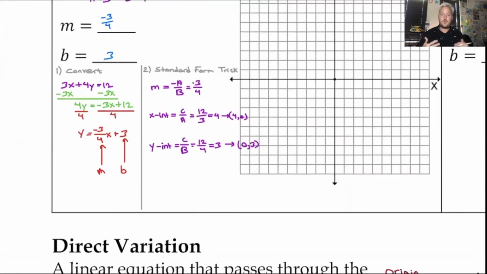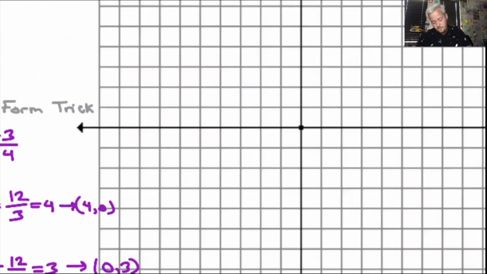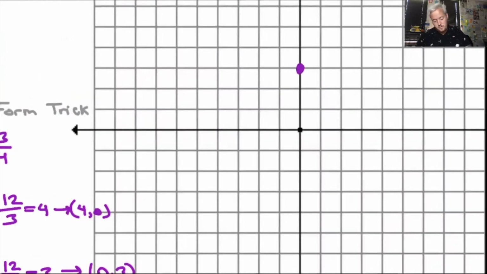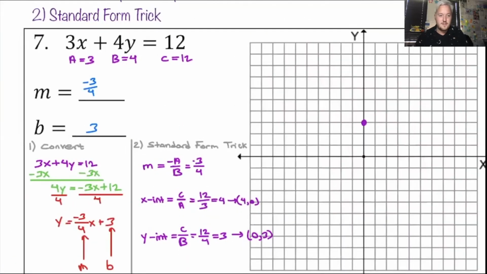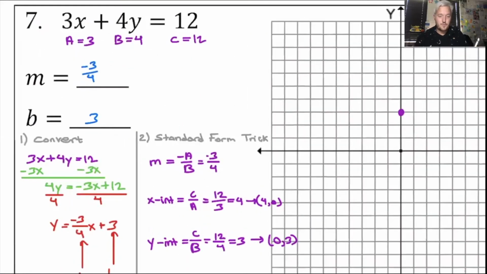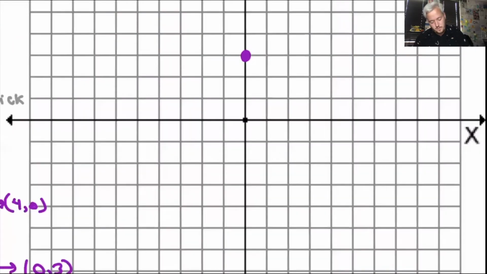So you want to start with your y-intercept. So 0, 3. If you haven't figured it out yet, I really like purple. It's my favorite color. All right, so now I'm gonna go down 3, right 4. So down 3, 1, 2, 3, and right 4. 1, 2, 3, 4. So if you notice, that also matches our x-intercept.